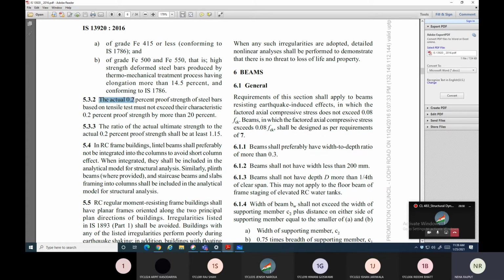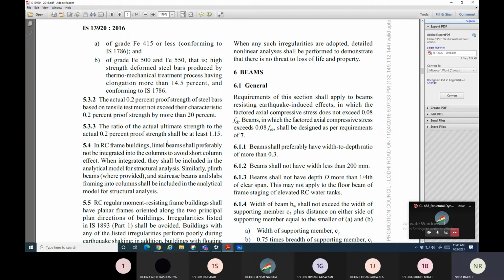Then the actual 0.2% proof strength, as we have seen in the stress versus strain diagram of steel: the actual 0.2% proof strength of the steel bar based on the tensile test must not exceed the characteristic 0.2% proof strength by more than 20%. So this one is also one of the requirements for that case.